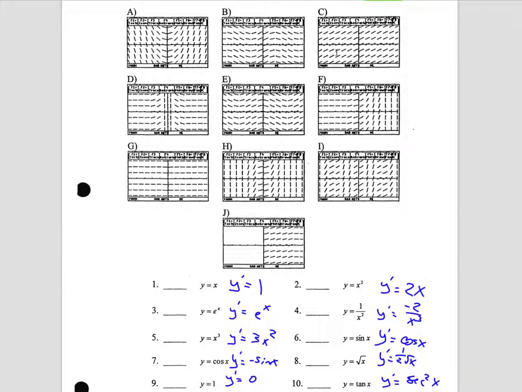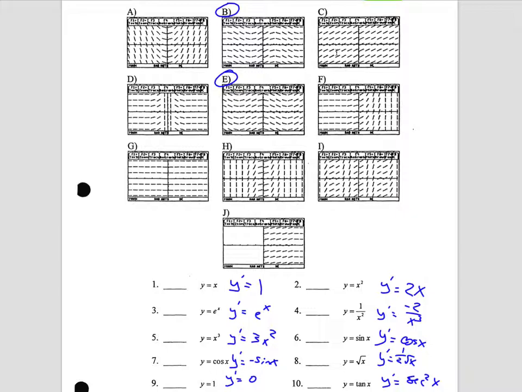Identify the trig. So which ones do you think look like sine and cosine? E and B look like the ones that could be sine or cosine. Now, which one's which and why? Sine is E. Pardon? B, because it starts at the origin.